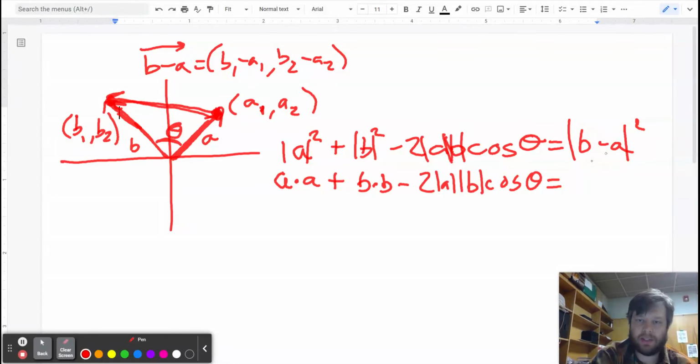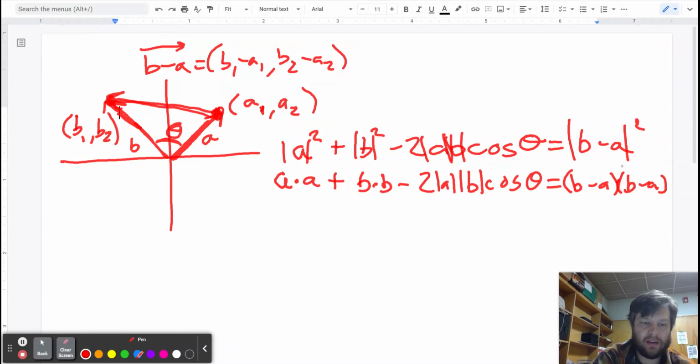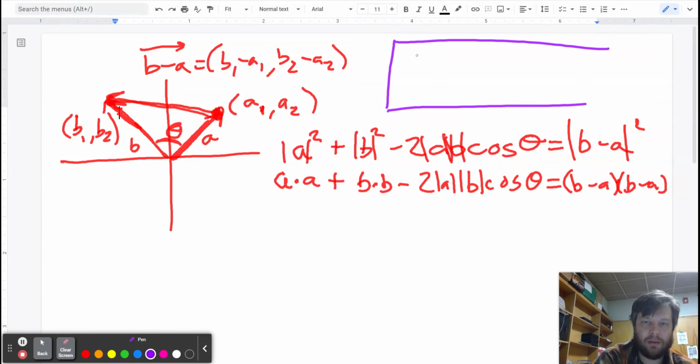I can use b minus a dot b minus a, just like I did with the other ones. So what I'm using here is that property of the scalar product, which is that a dotted with itself is the magnitude of a squared. I'm just using that over and over again.